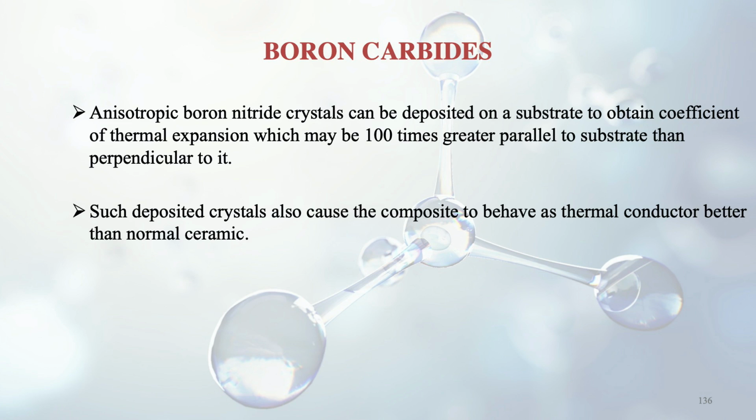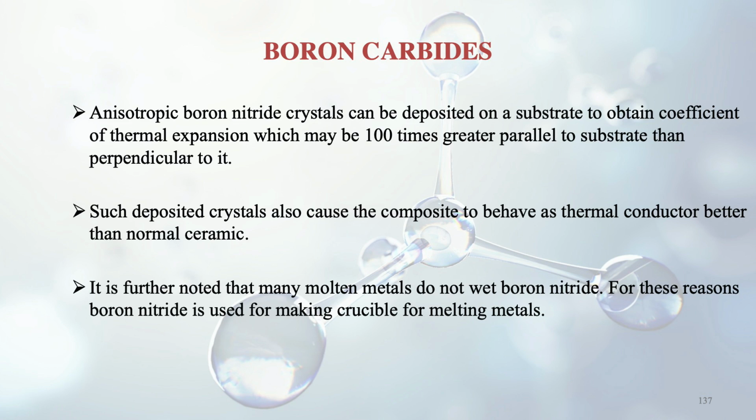So it depends on the direction. That's why it is anisotropic: in different directions, we get different kinds of properties. So in one direction the thermal coefficient is 100 times greater than in the other direction. And such deposited crystals also cause the composite to behave as a better thermal conductor than normal ceramic.